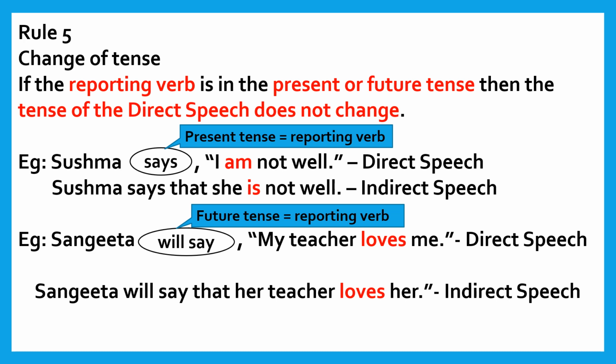The sentence will then be, "Sangeeta will say that her teacher loves her." The word "loves" remains in the same tense. Even in the first example, the verb "am", which is highlighted in red, is in the same present tense. The tense will not undergo any change.